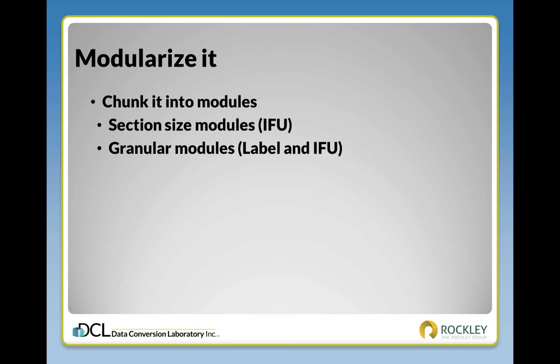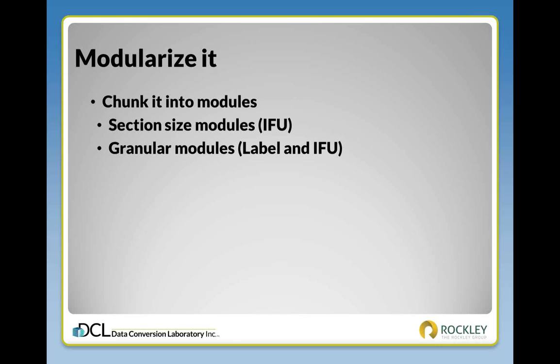So what do we mean in terms of modularization? The first thing that we need to do is to chunk it into modules. And when we're chunking it into modules, we look at content from many different perspectives. The first chunk, the easiest, the most logical, the clearest way of chunking that information is with section size modules, say in an IFU.